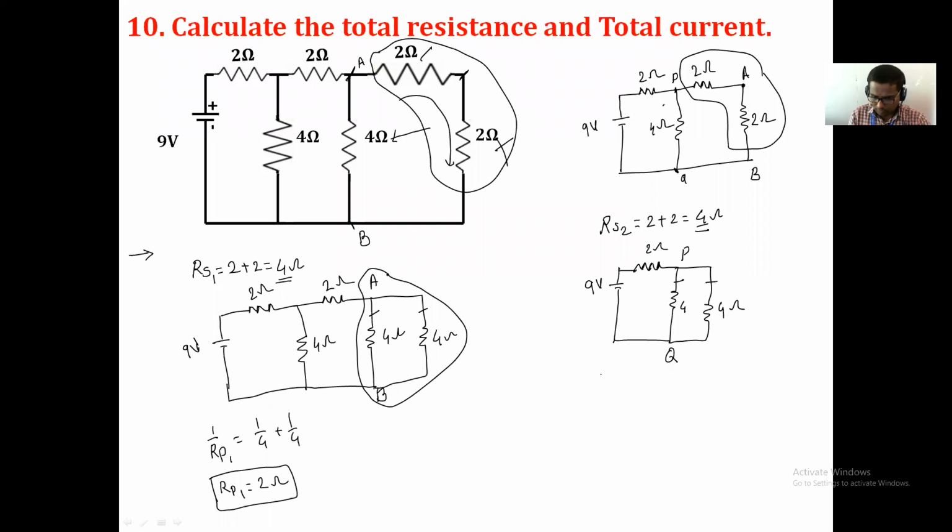I can write 1 upon RP2, which is equal to 1 by 4 plus 1 by 4. Again, the case is that 2 resistances are connected in parallel and have equal value. So what is the value of RP2? It's exactly half of that. It becomes 2 ohm. It's right. But in which 2 points are these 2 resistors connected in parallel? In between the points P and Q. And then our simplified circuit diagram should be like this.